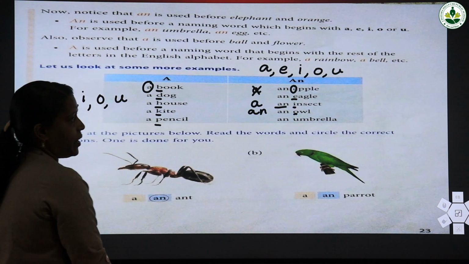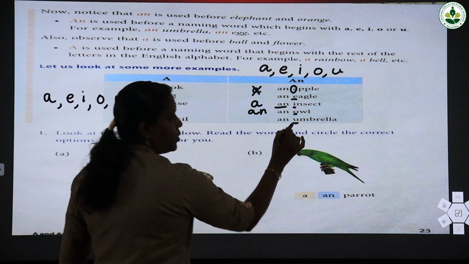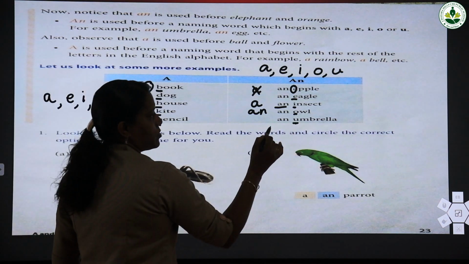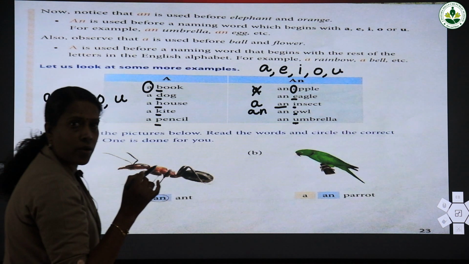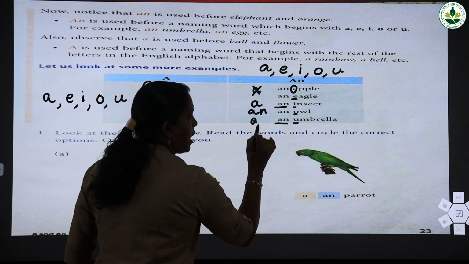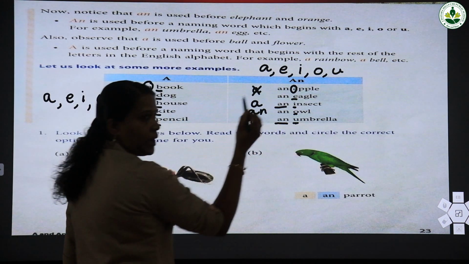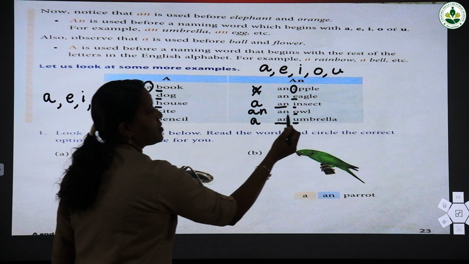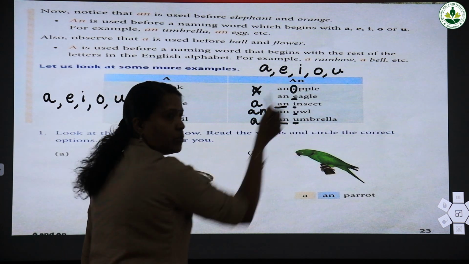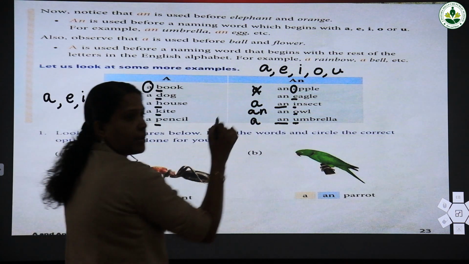What is the first letter of umbrella? U. This is a vowel. So do we want to use A or an? Yes, an. A umbrella. Is it correct? No. An umbrella. Why? Because A, E, I, O and U are vowels. So we want to use an. Okay, clear?